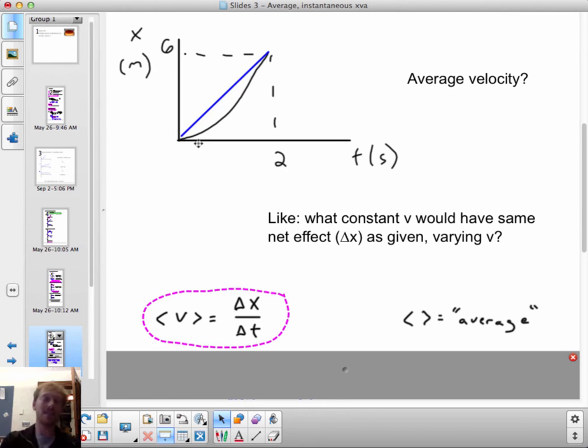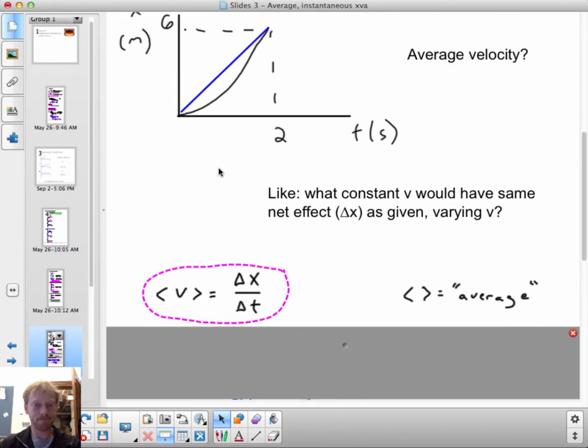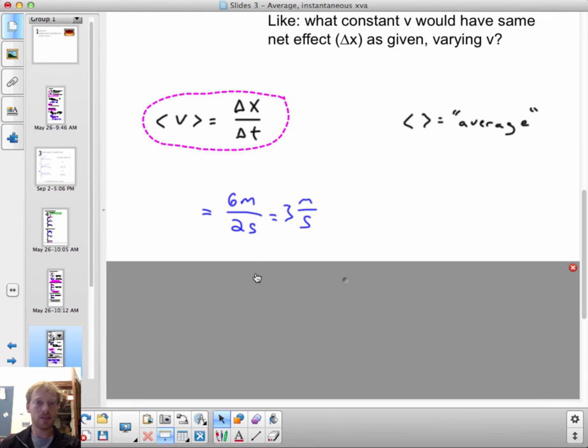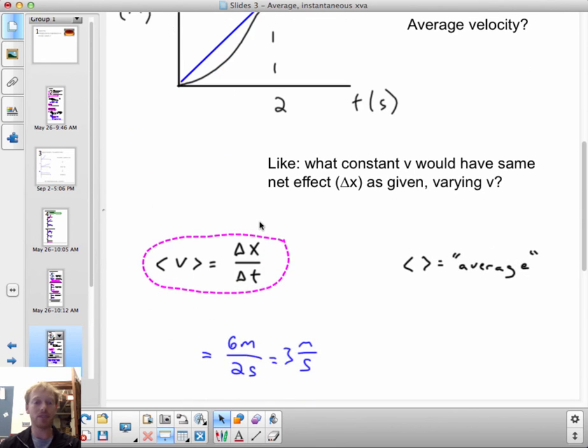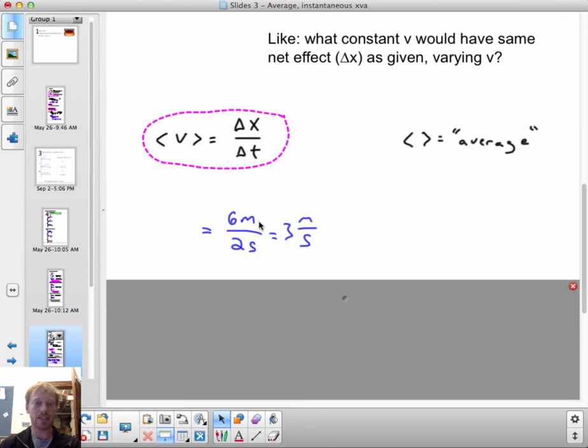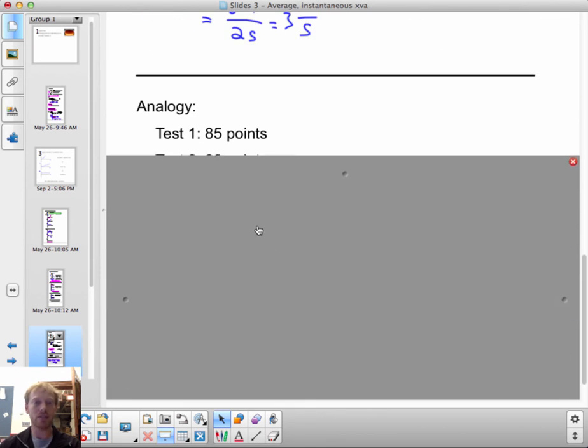So when velocity changes, the average velocity is equal to the displacement divided by the amount of elapsed time. Those angled brackets denote average. So in this case, I guess there's a displacement of 6 meters in 2 seconds, so an average velocity of 3 meters per second. That's how you can find the average velocity.